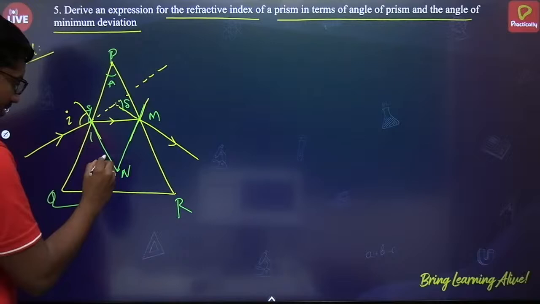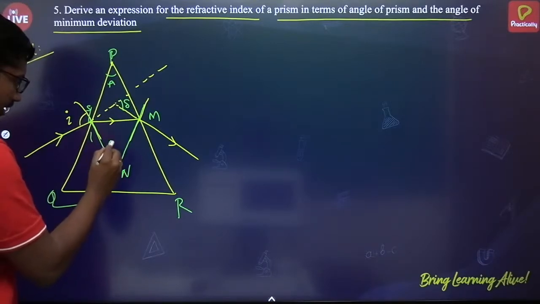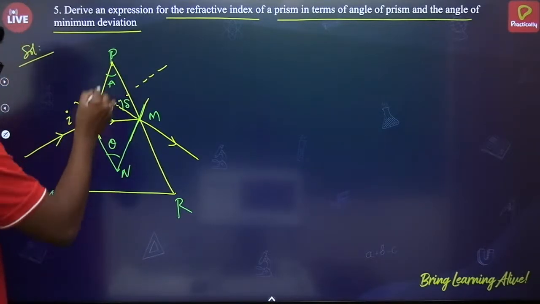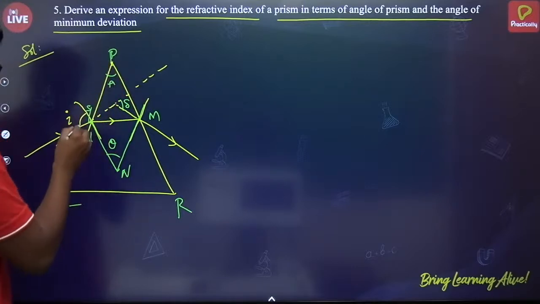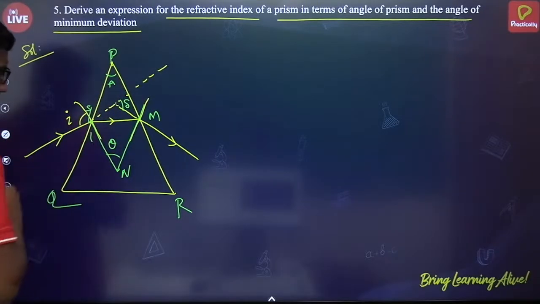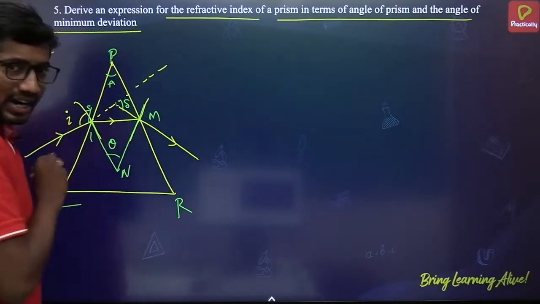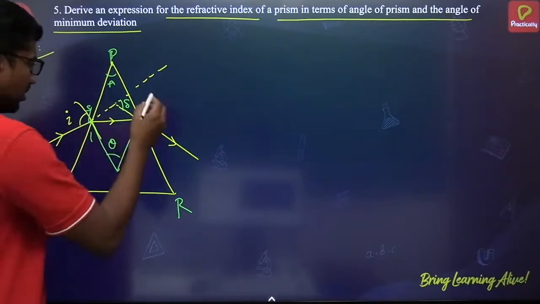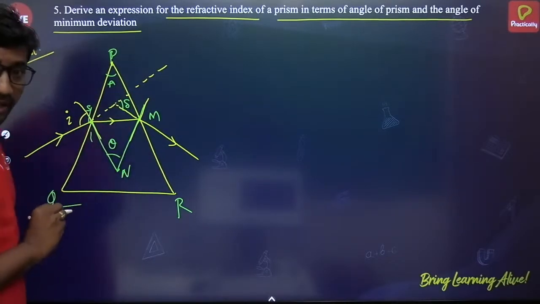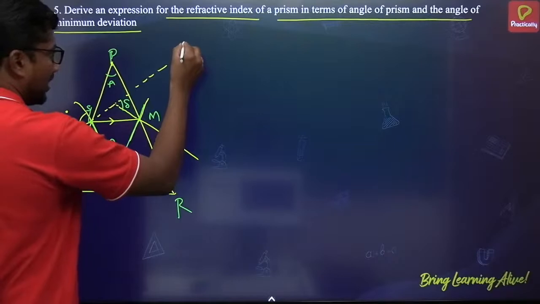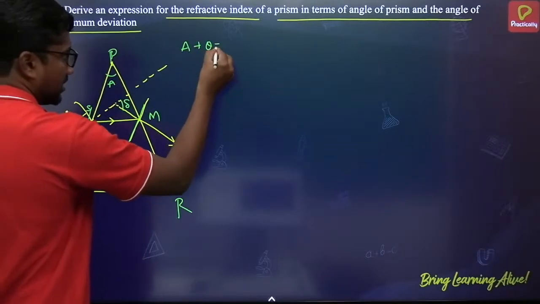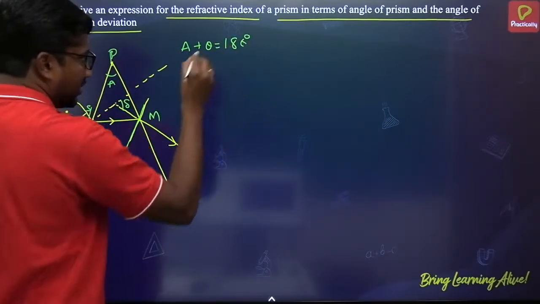Let this angle be some theta. In the PMNS quadrilateral, the sum of these two angles will be 180 degrees. So I will write here A plus theta is equal to 180 degrees.